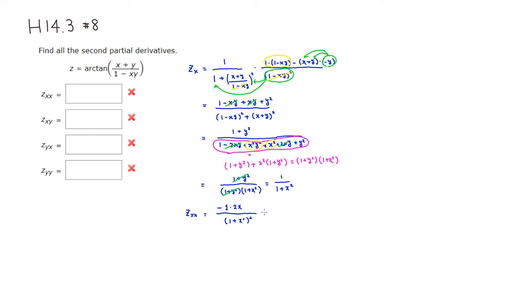So you would get simply negative 2x over quantity 1 plus x squared, squared. All right, so let's type it in.